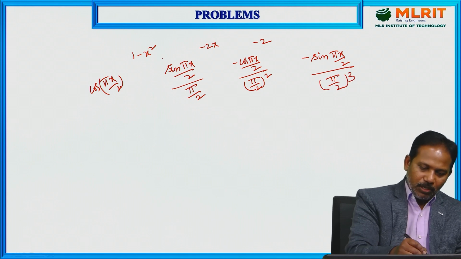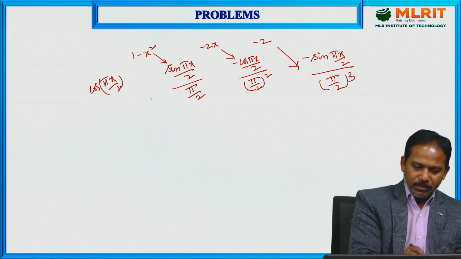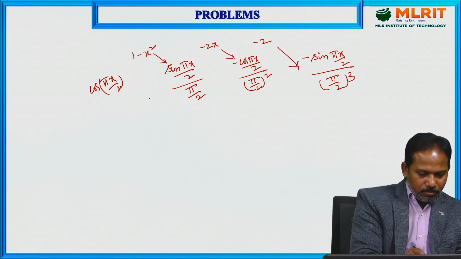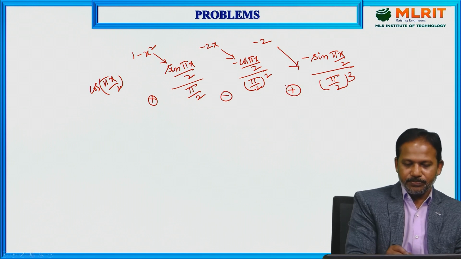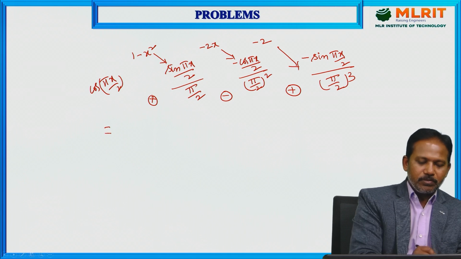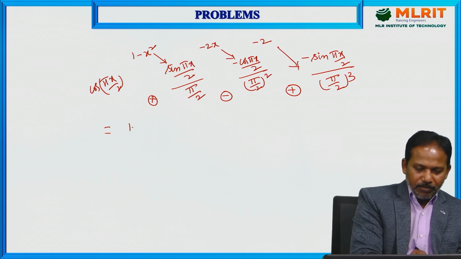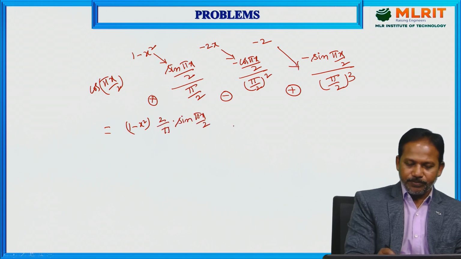So now I need to find the integral of uv by this method. Apply the signs plus, minus and plus, the down arrow marks only. Now I can find: (1 minus x square) into 2 by pi into sin(pi x by 2).